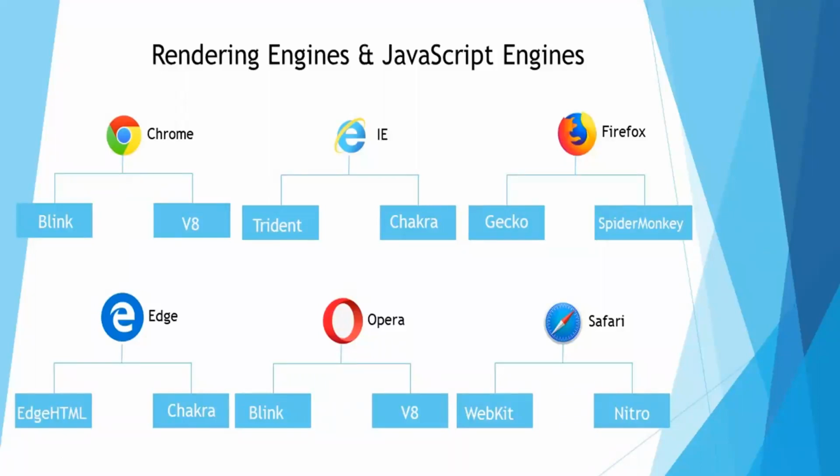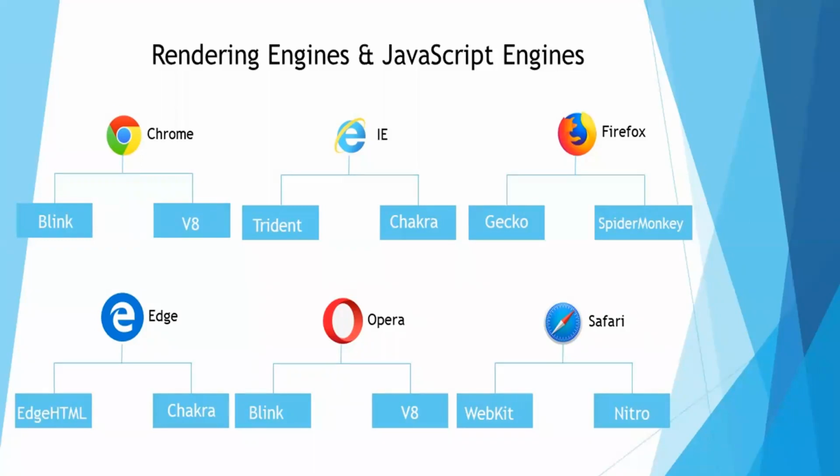Translating whatever you have written as markup and presenting it is done by these engines. Chrome's engines are Blink and V8. Firefox's engines are SpiderMonkey and Gecko. Edge's engines are Chakra and EdgeHTML. These are browser engines.